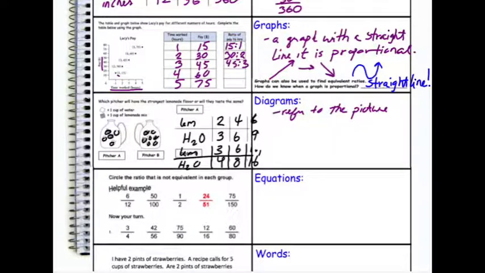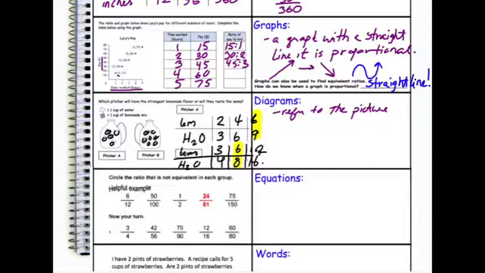And then in my picture B example, 3 to 4, 6 to 8, 12 to 16 is correct. I want to find a common ratio of lemonade to water, etc. So when I actually have 6 cups of lemonade, in picture A, I have 9 cups of water, and in picture B, I have 8 cups of water.